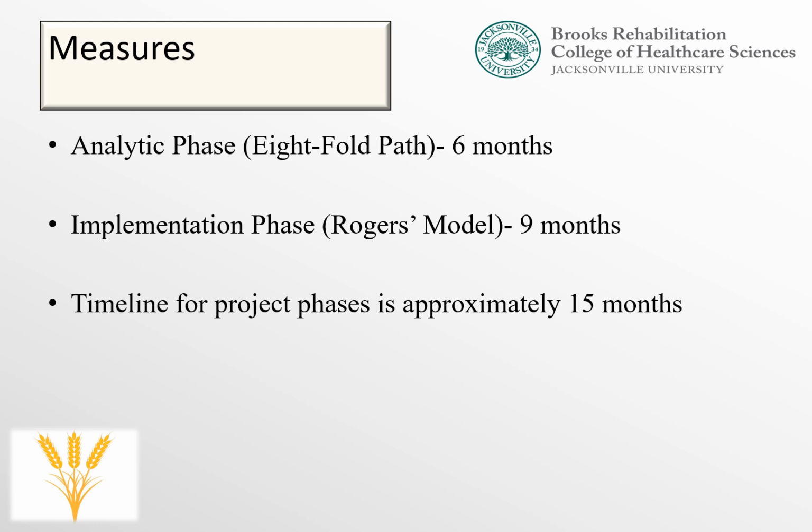The finalized measures were the analytic phase, which is the eightfold path that took about 6 months. If the policy would be implemented, that would take about 9 months using the Rogers model, and the timeline for those phases is about 15 months.